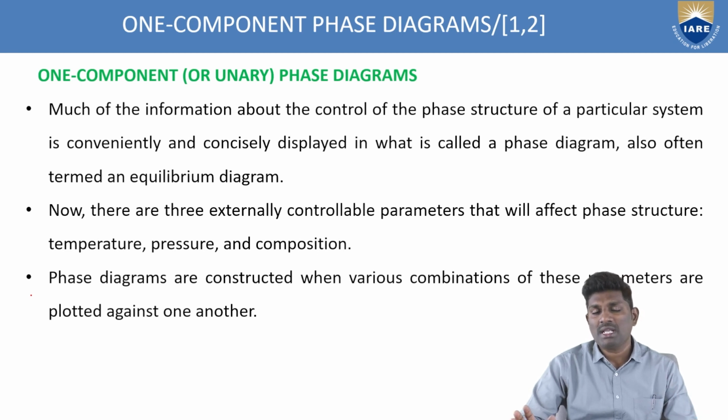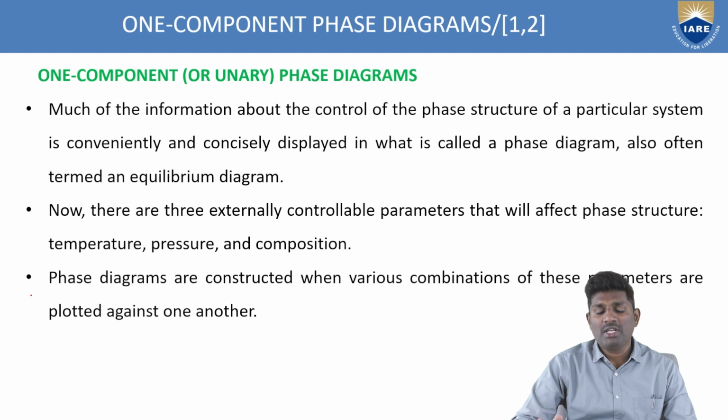Much of the information about the control of the phase structure of a particular system is conveniently and concisely displayed in what is called a phase diagram. This phase diagram is very important to study the characteristics of a given material.